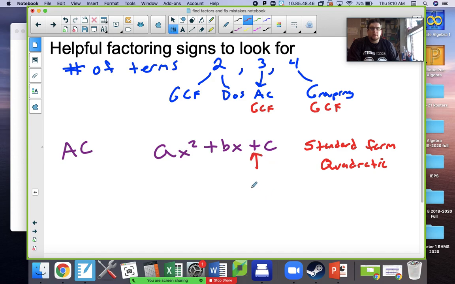So this symbol right here is going to tell us if we have to add or subtract our middle term, while this symbol tells us which of the factors is larger. Is the positive the larger, or is our negative larger?